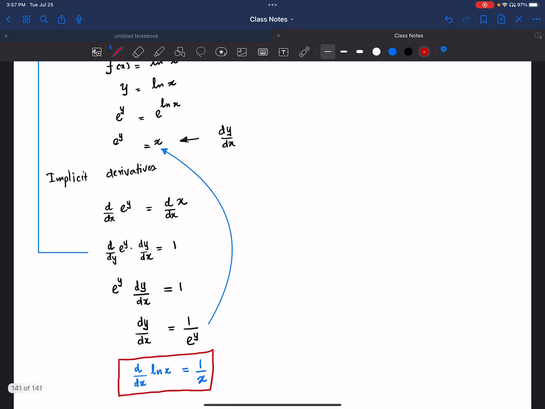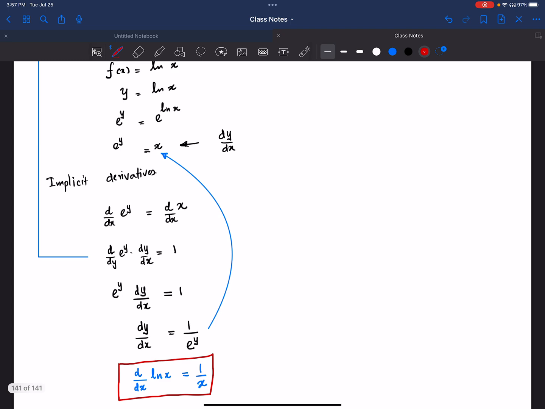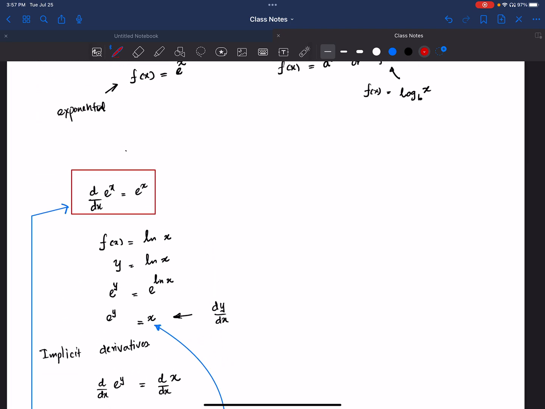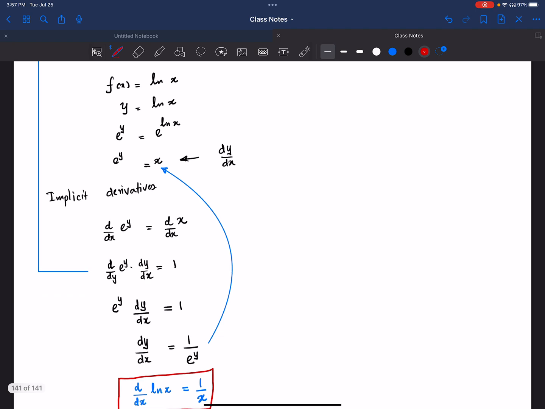And based on the same principle, we can obtain another relationship. I'm going to write it here.